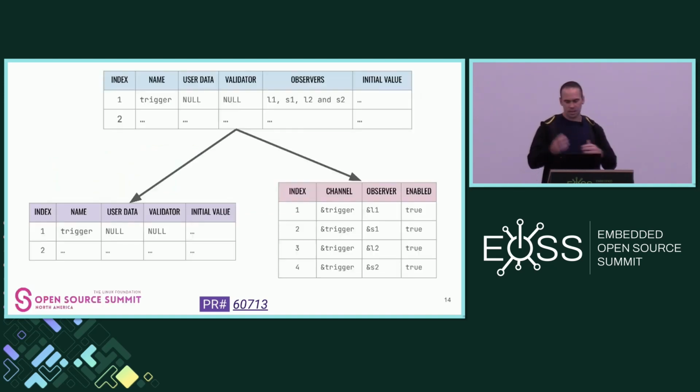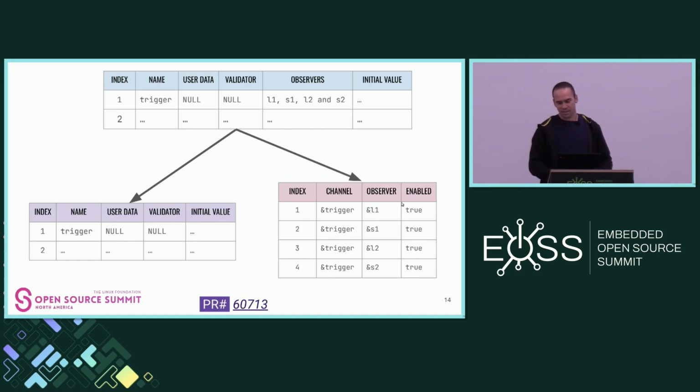Following database good practice, like normal forms, I separated them into a different table or struct. Now we have just the channel definition, and a relationship called observation, which is just a reference to the channel and to the observer.